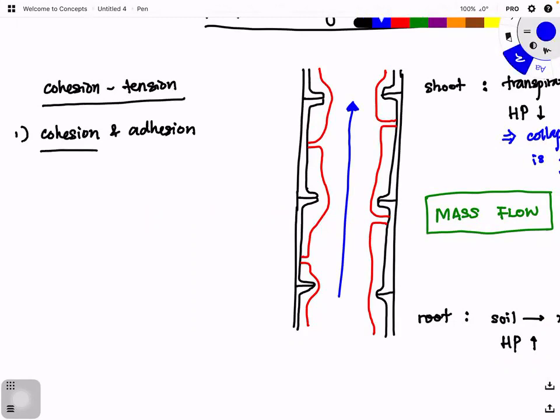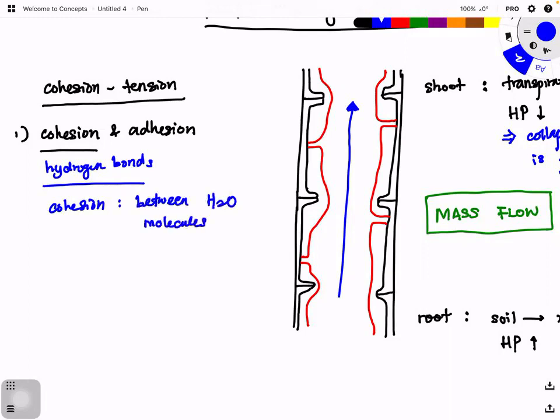Cohesion is the hydrogen bond formed between water molecules, which maintains the column. But maintaining the column is not enough; we want it to continue to move up, so they need adhesion. Adhesion is the hydrogen bond formed between water molecules and the cellulose cell wall.